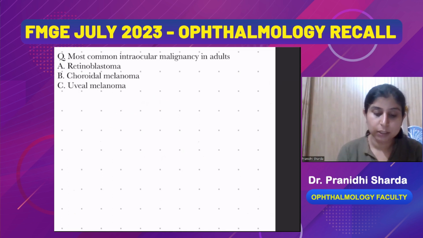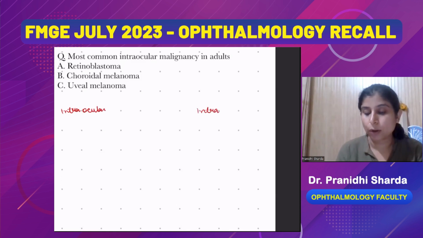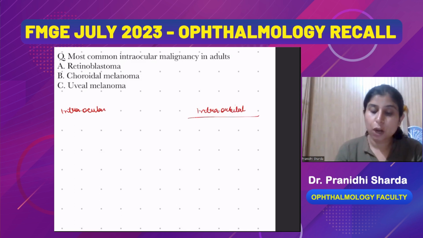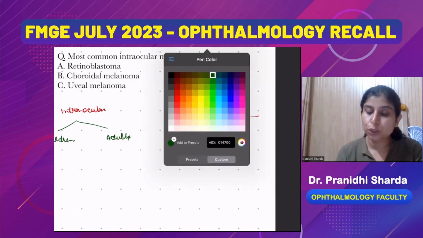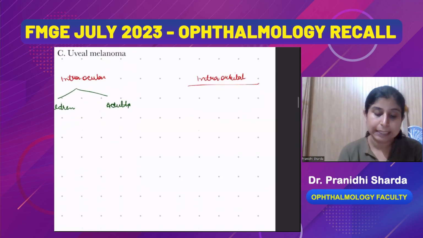Let us make a table this way: intraocular and intraorbital. In intraocular, we'll again divide it into children and adults. So in children, the most common intraocular malignancy is retinoblastoma.